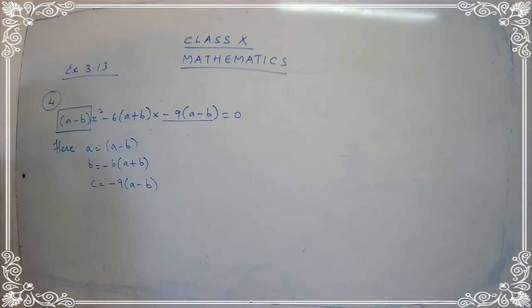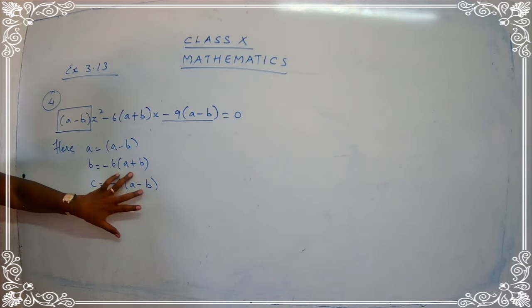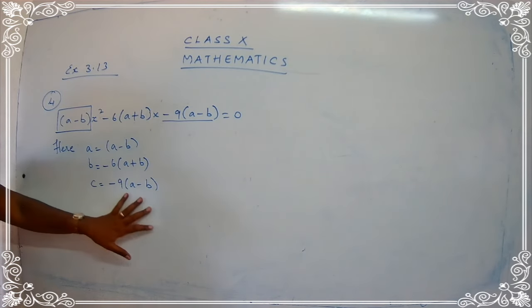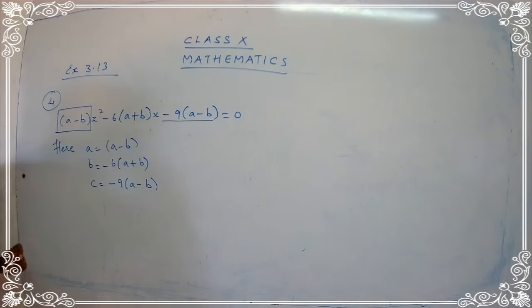So here, what is the value for a, children? It's a minus b. What is the value for b? Minus 6(a plus b). And what is the value for c? Minus 9(a minus b). So this is what we get from the equation. Now what are we going to do? The question is to prove whether they are real and unequal.